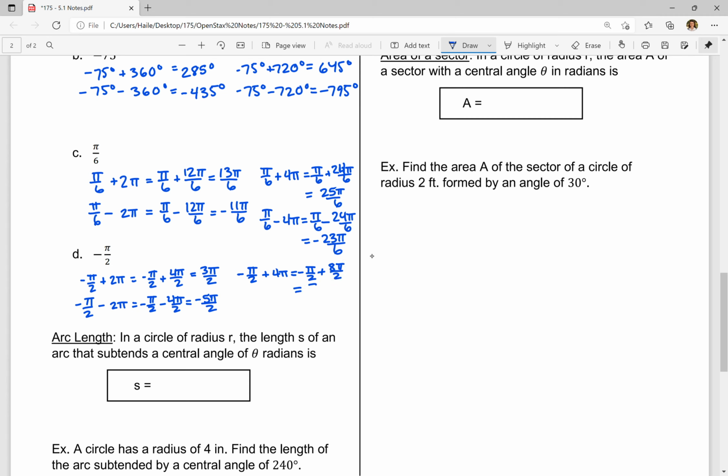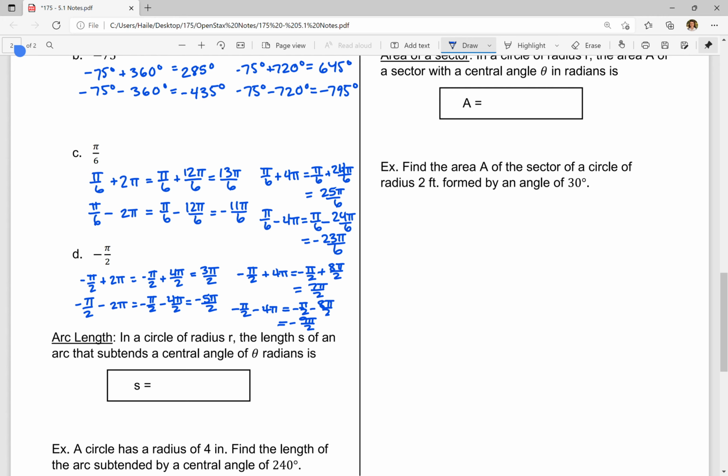So this would be 7 pi over 2. And then finally I'll have negative pi over 2 minus 4 pi, which is negative pi over 2 minus 8 pi over 2, which is negative 9 pi over 2. Okay, so those are my 4 angles that are coterminal to negative pi over 2.